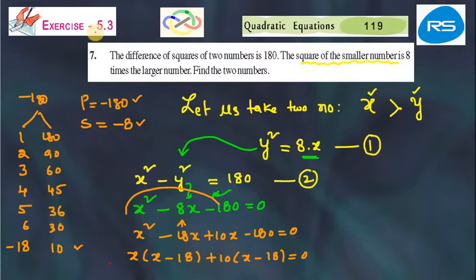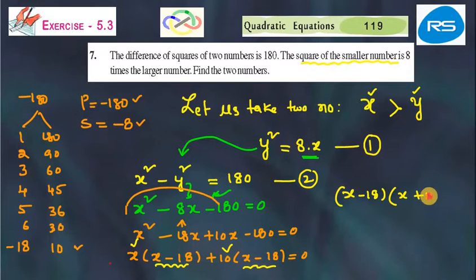Both the terms are separated with plus. We have only two terms here, so we can take common x minus 18. If I take common x minus 18, in the first term x is left out and in the second term 10 is left out.